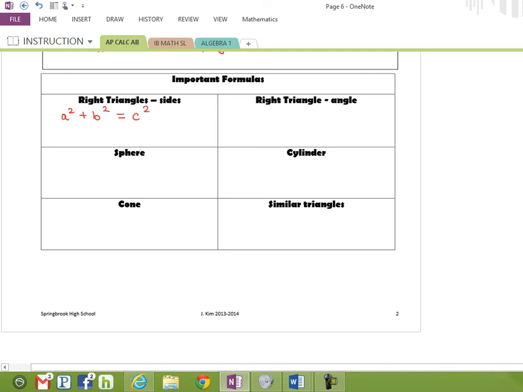Other things that we might have: an area, 1/2 base times height. Now in the right triangle with an angle, that's when you start thinking about SOHCAHTOA.